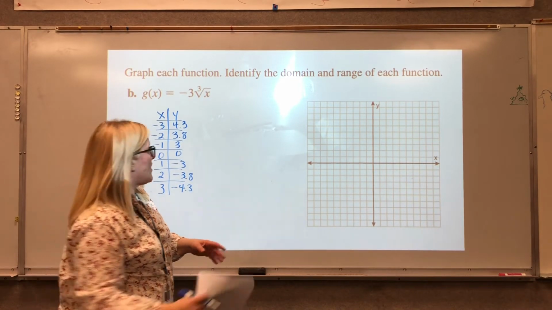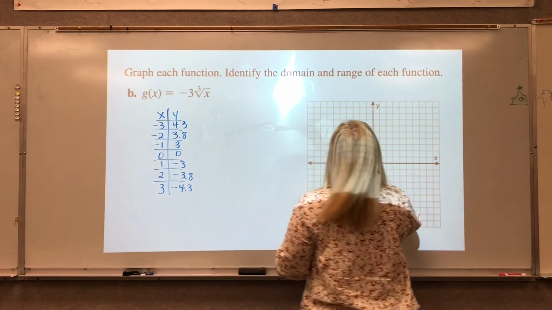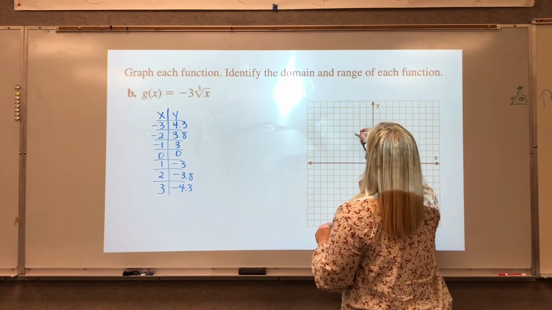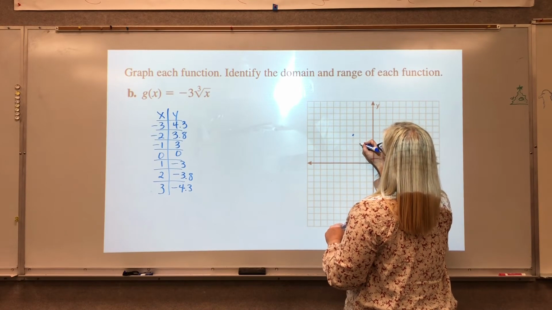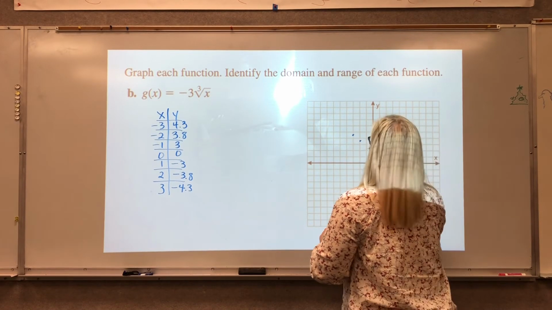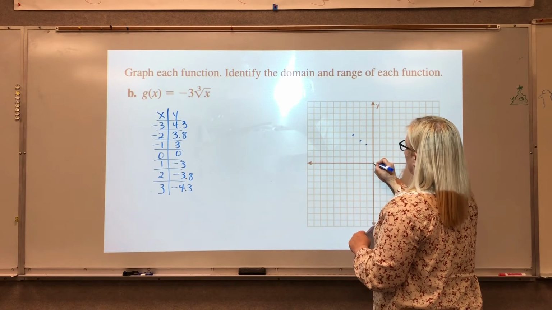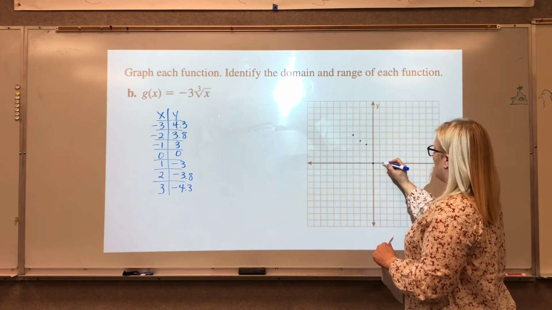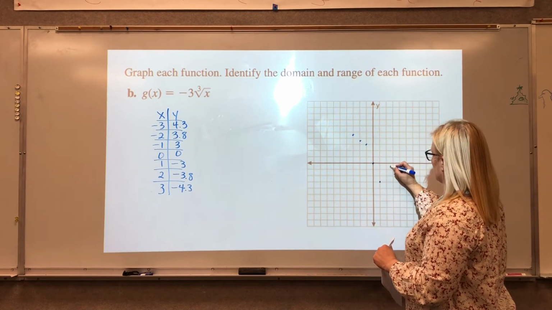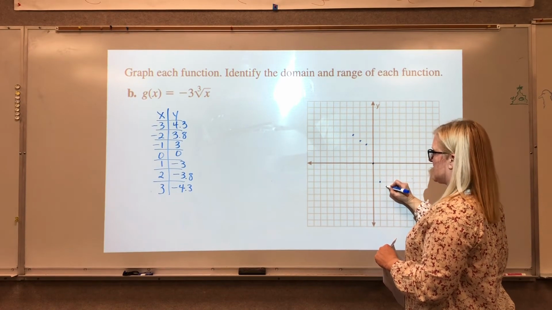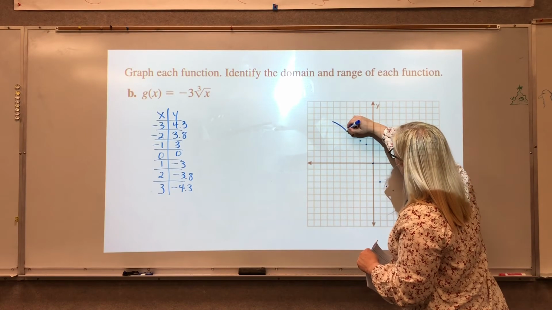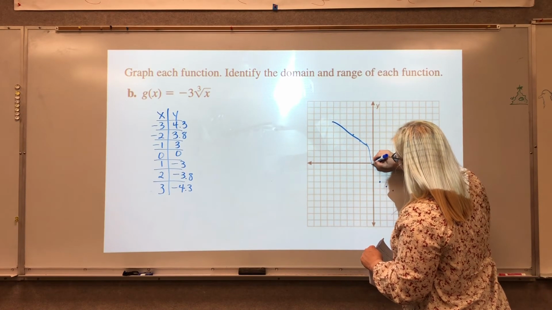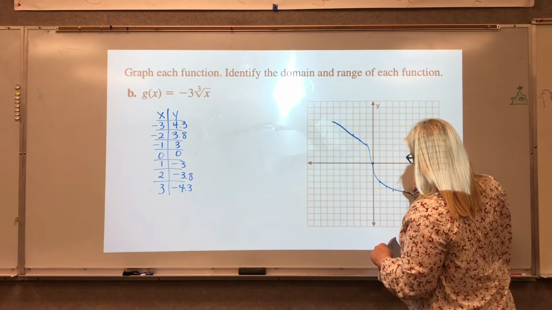So negative 3 and 4.3, negative 2 and 3.8, negative 1 and 3, and then it goes clear down to 0. Then 1, negative 3, 2, negative 3.8, 3, negative 4.3. So this is coming in, it swoops way down like that and comes like that.